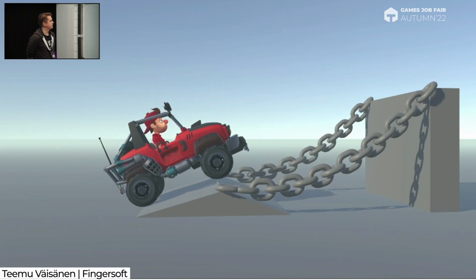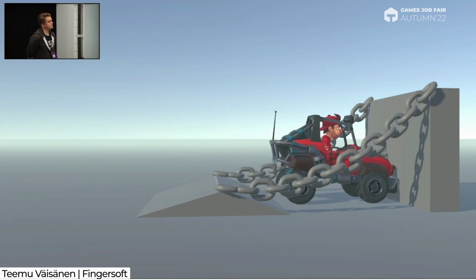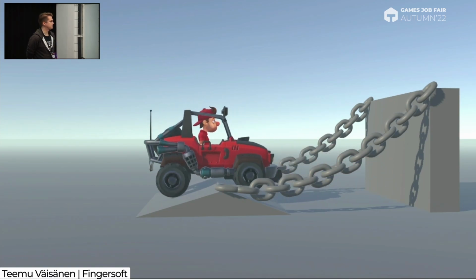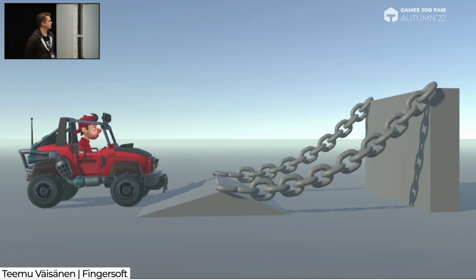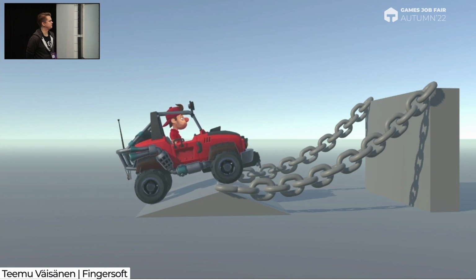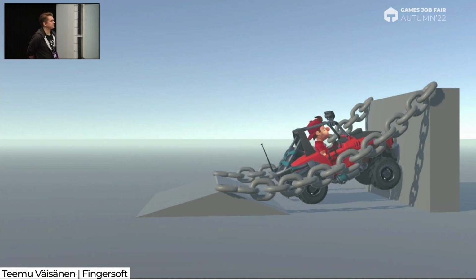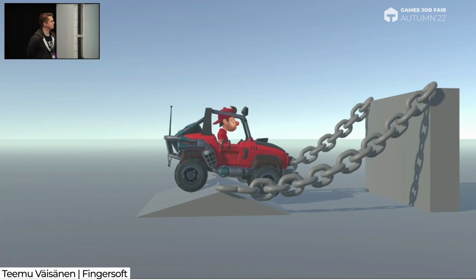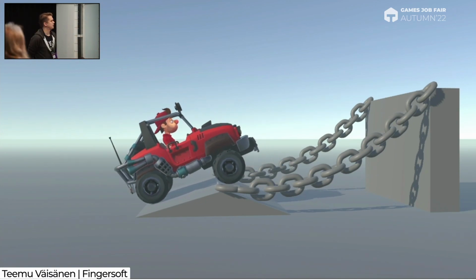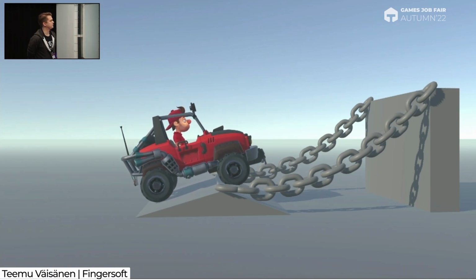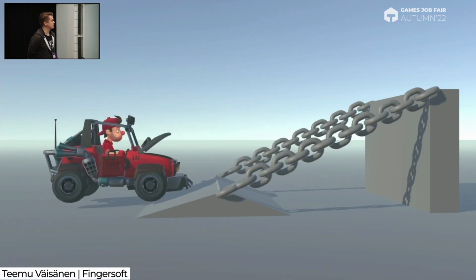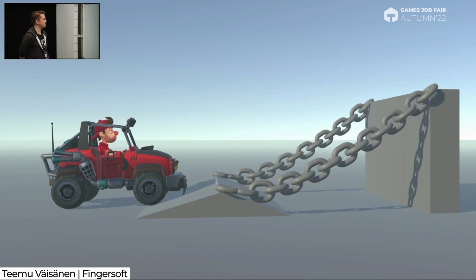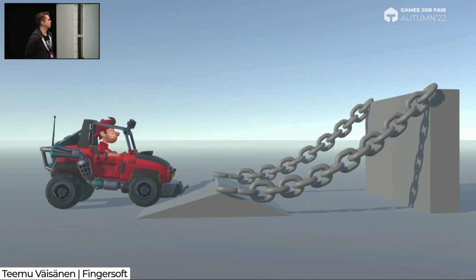So this is the example without it, the gameplay part of the physics. It's quite stiff. The vehicle is still reacting to its movement, but there's no secondary motion at all here. This is the left side of the previous slide. And then if we add the secondary motion, we get quite a bit of these flappy bits.